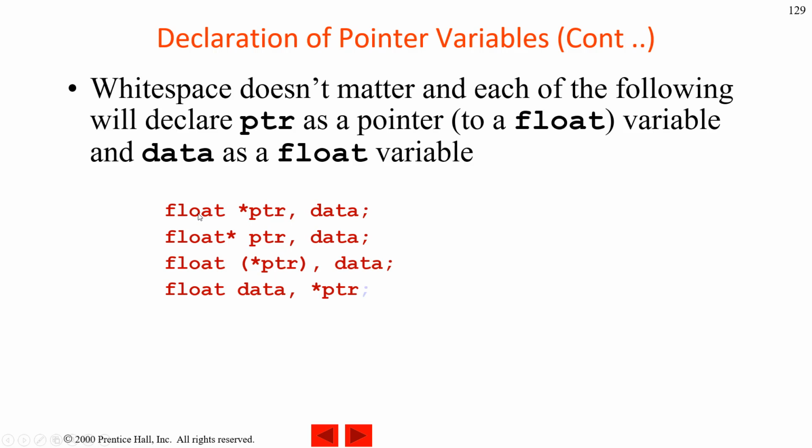So I can use either this notation or the other notation, and in both cases it is going to have the same effect. What will be that effect? That ptr will be a pointer to a float variable and data will be an actual variable. Whether I use the brackets or not, it doesn't matter. It's going to be the same thing.